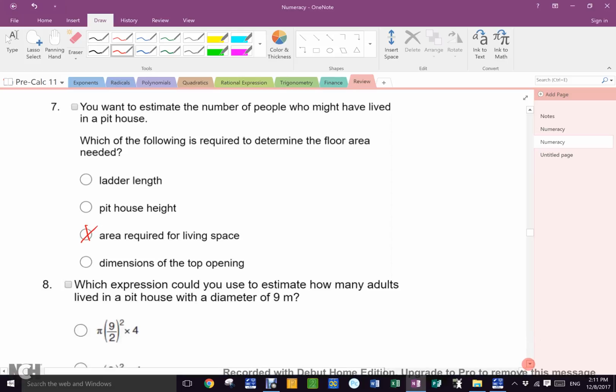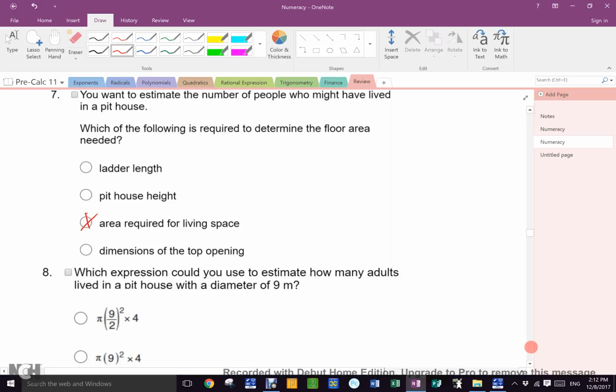Wait, hold on. But don't you need to include, because if you look at it, the shelters are just circular, right? And it's asking how many people would have lived in the pit house. Just the area required for living space doesn't account for the 1 meter you need for the ladder. Yeah, but dude, read the question.